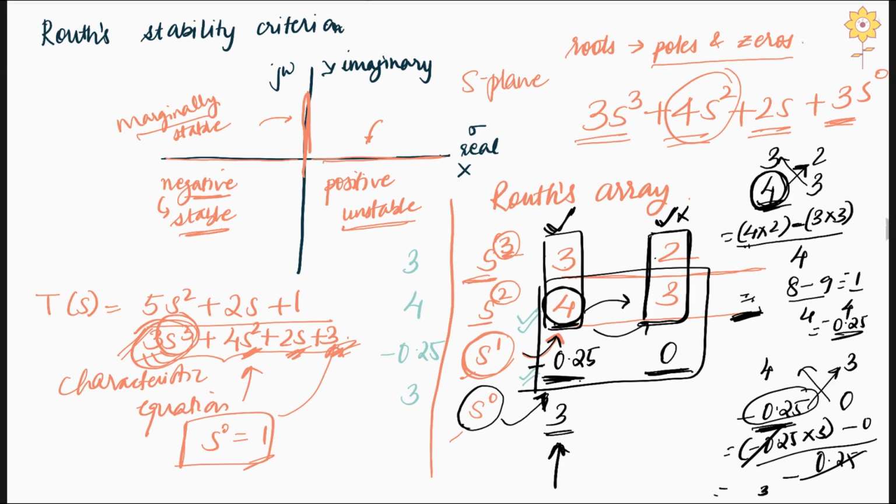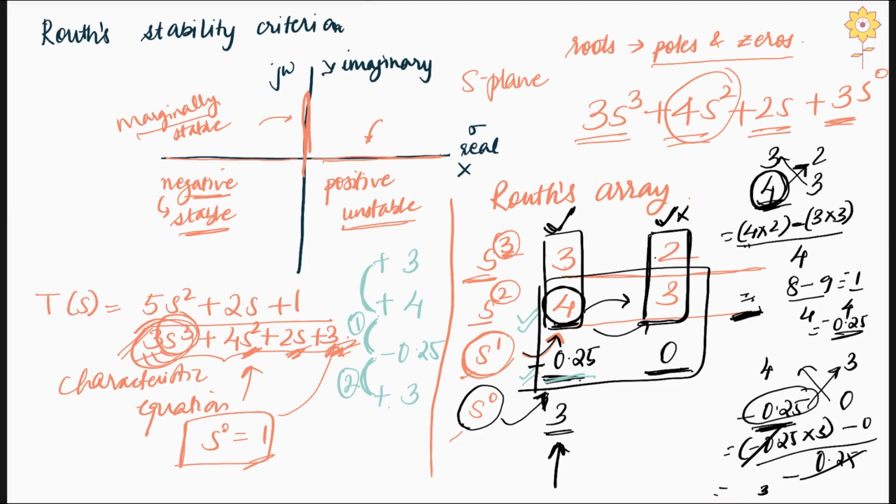Here this is a positive number, this is positive, this is positive, then this is negative, and this is also positive. The next number is positive, so there is no sign change, but from positive the sign has changed to negative. So, yes, there is one sign change over here, then this negative sign has changed to a positive sign. So, again there is a sign change. So, there are a total of 2 sign changes that are happening in the first column.